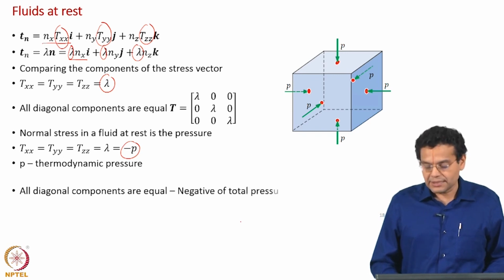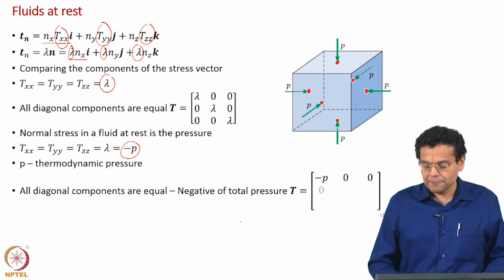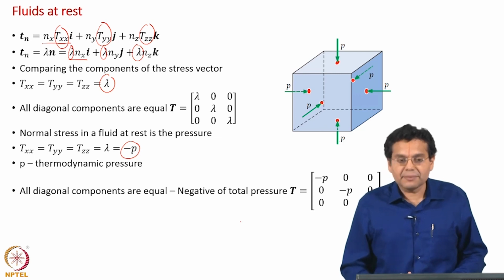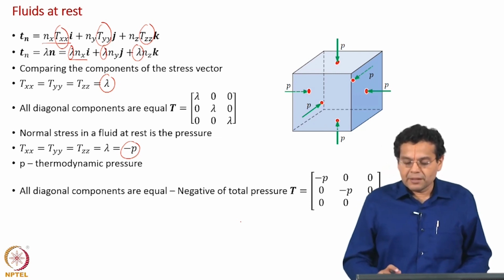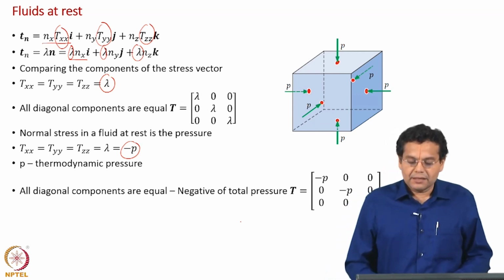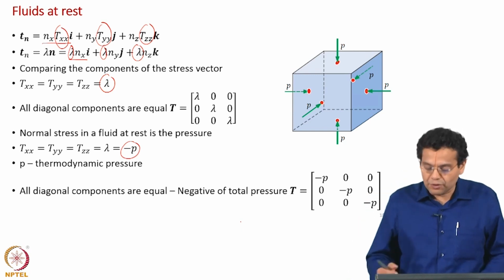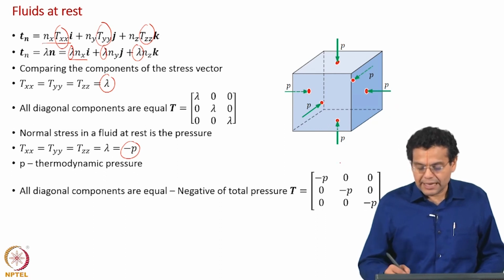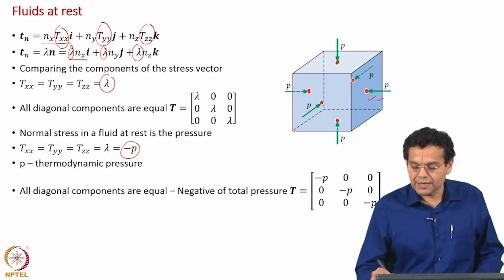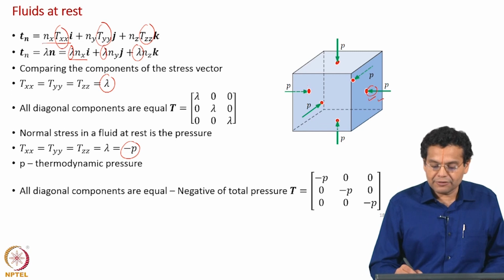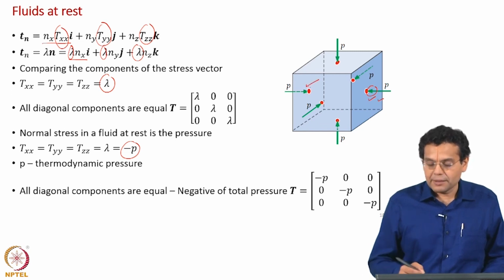If you write the total stress tensor in terms of pressure, it becomes minus p in the diagonal. Now, let us look at the stress element. How do you represent the stress element? We have seen a more general representation of the stress element. Here the components are only the normal stresses. If you take the right hand side face, remember it is negative p, which means that on a positive face your force should be along the negative x axis, and on a negative face, because it is minus p, your force should be along the positive x axis.